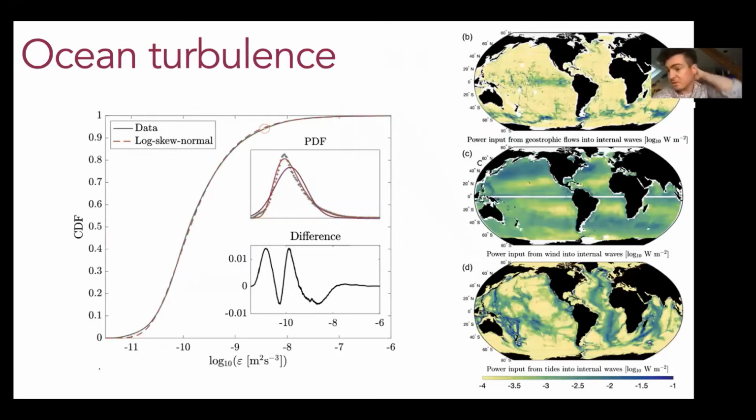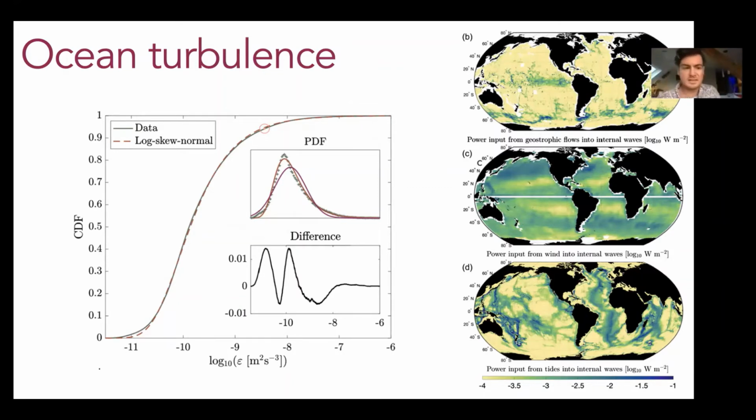And that log skew normal actually arises not just for productivity, but it also arises for turbulence measurements. So this is going from huge, big scale global satellite stuff down to very micro scale, where we drop a profiler in the ocean, and we're looking at the variations in temperature on centimeter levels.